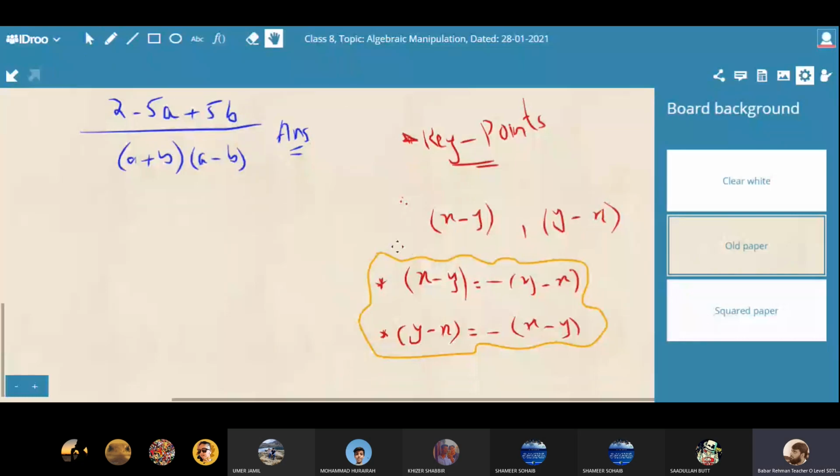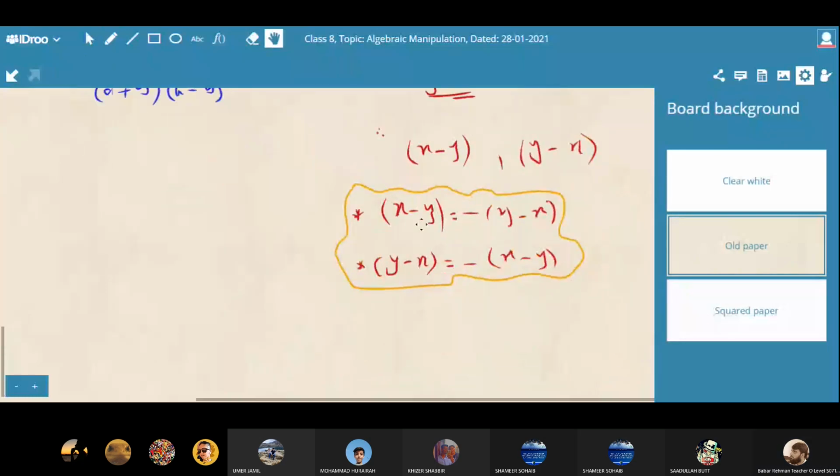Why is this an identity? Look at this, x minus y. You can change the sign inside the bracket, but write minus outside the bracket. If you multiply with the minus sign, this will come as minus y plus x. So by writing a negative sign outside, you can change the sign inside the bracket. Are you getting it?